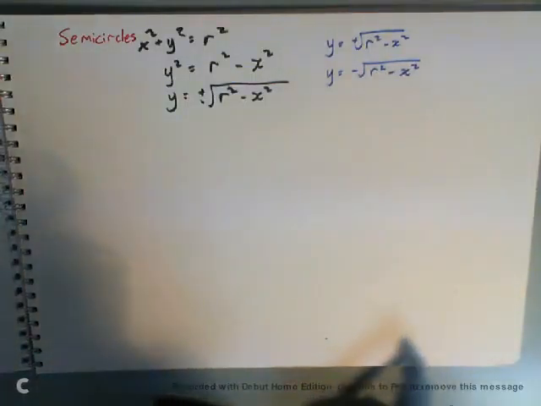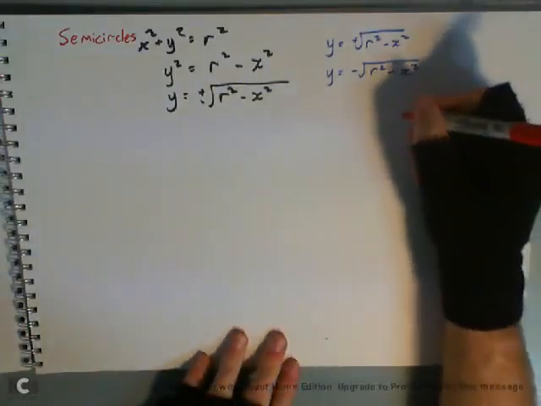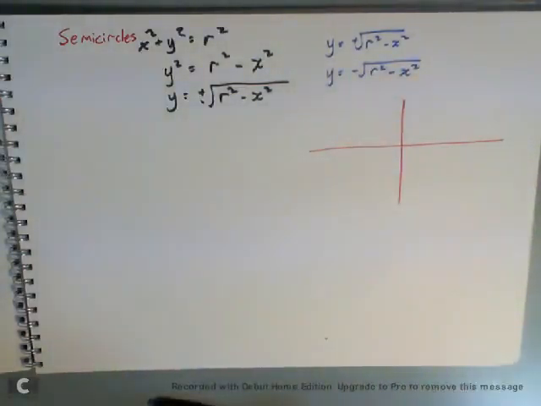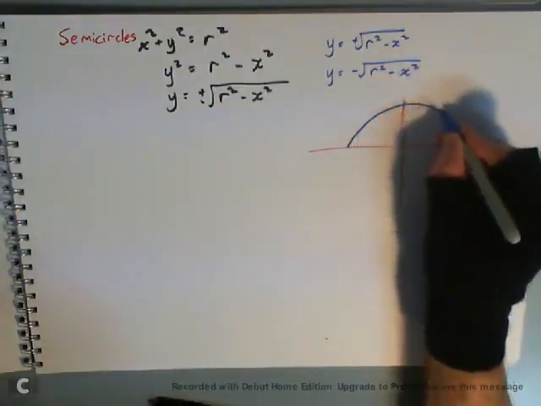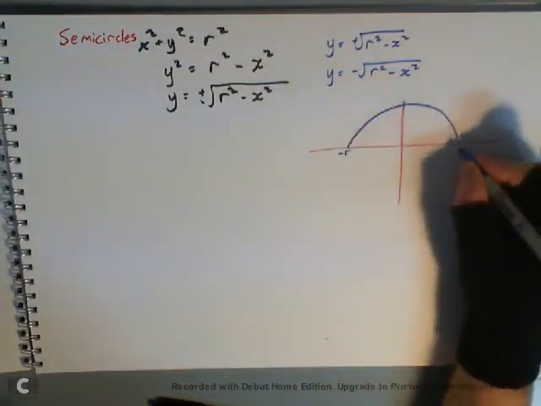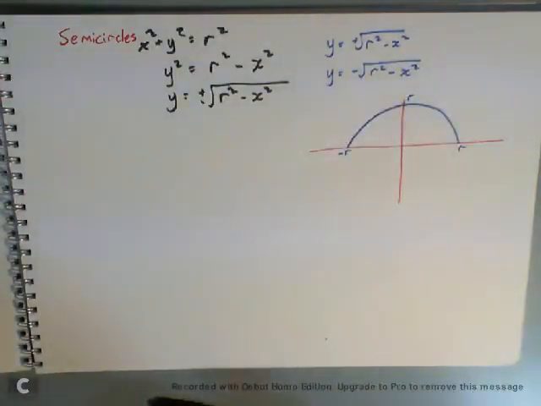So the semicircle is going to be a function now with a many-to-one correspondence. And why is that? Because if we draw it, here's my semicircle. This number here is going to be minus r, positive r, that's just my radius.